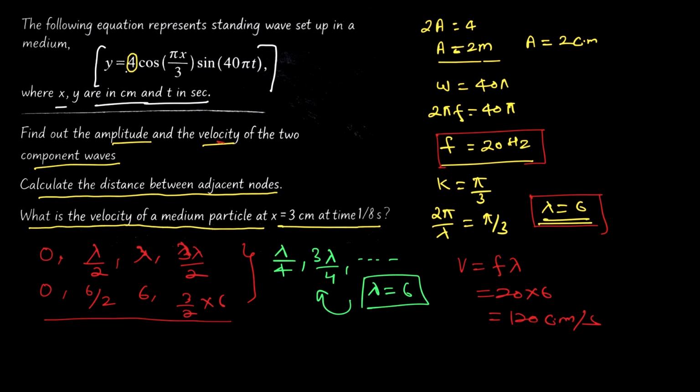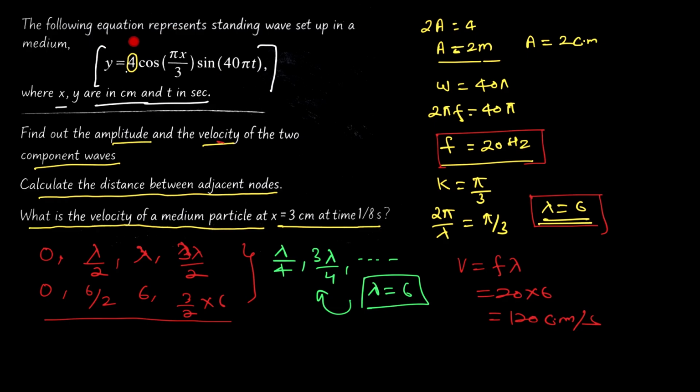Now the most important part. They are asking what is the velocity of the particle at x equal to 3 centimeter at time 1 by 8. It means for the velocity of the particle we have to differentiate this equation with respect to time.